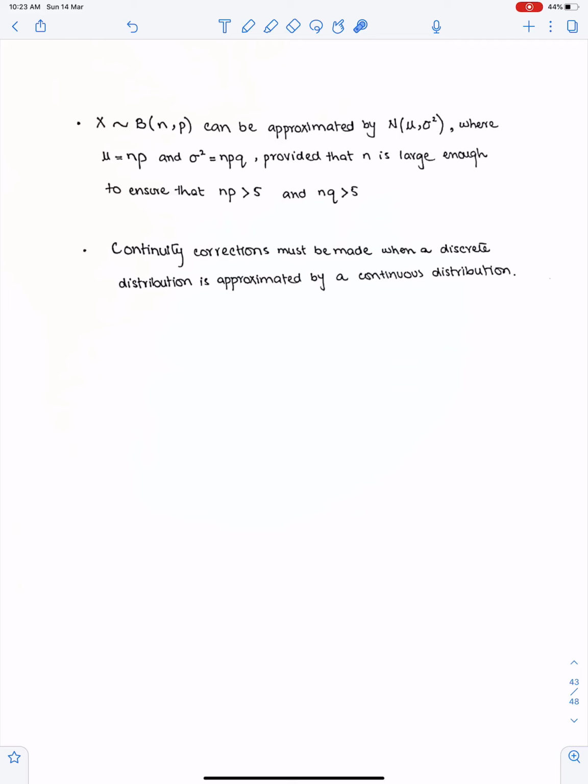This is the summary. Provided that n is large enough to ensure that np and nq both are greater than 5. Continuity correction must be made when a discrete distribution is approximated by a continuous distribution. This is the summary of normal approximation. Don't forget to make the continuity correction. And this is the formula.